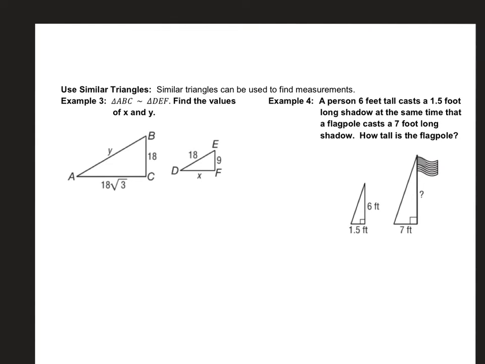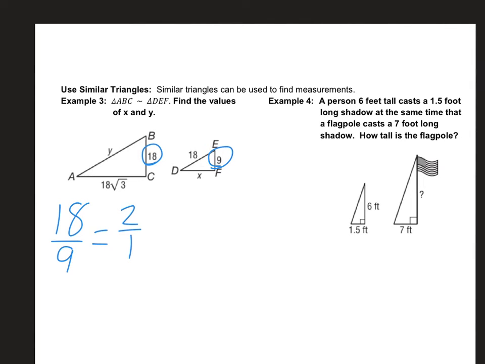We have a known set of numbers of 18 and 9. So we can set up our scale factor, 18 to 9, which breaks down to 2 over 1.